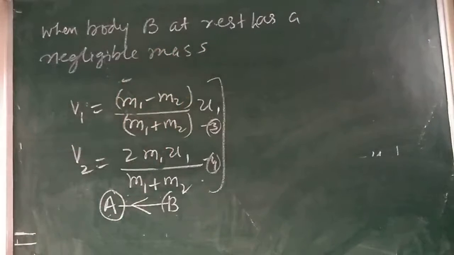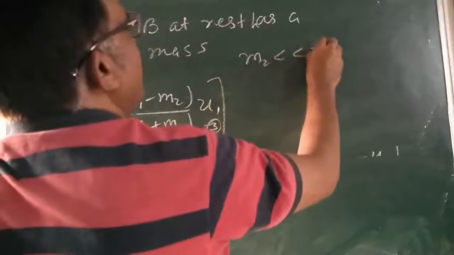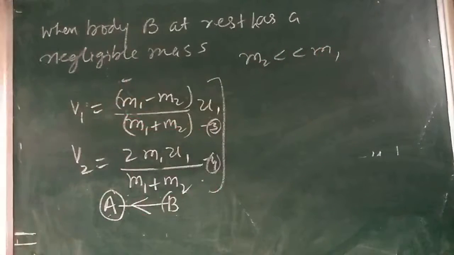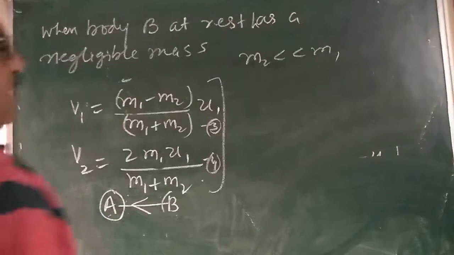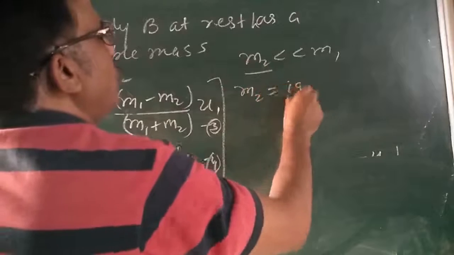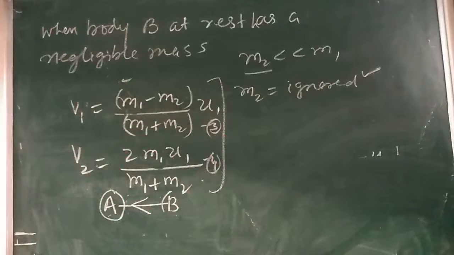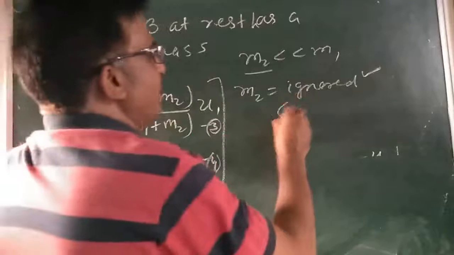So I mean to say that M2 is very, very less compared to M1. This is the case. So what can I say? M2 is ignored. Here, it is lighter. M2 is ignored compared to M1.